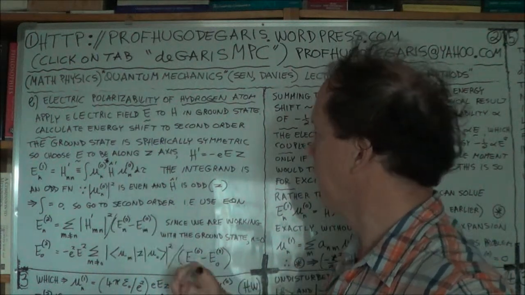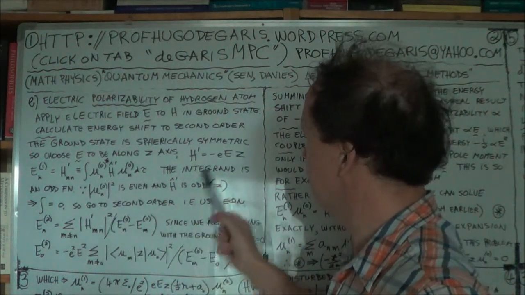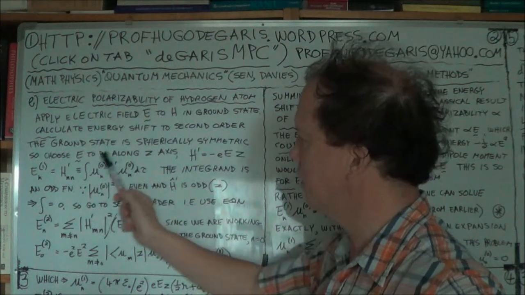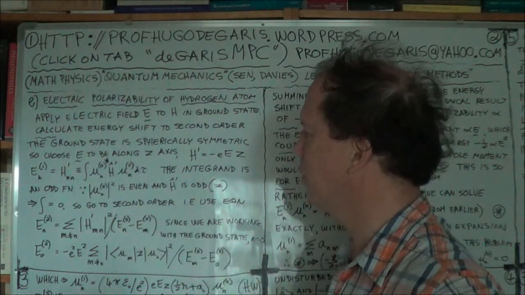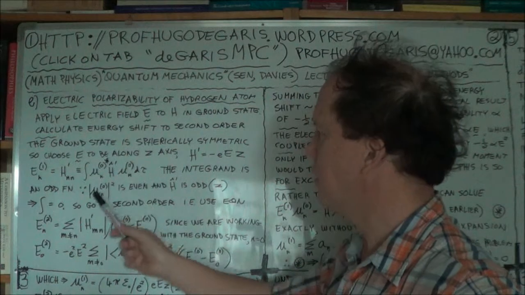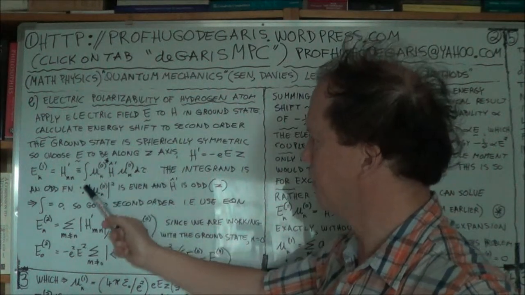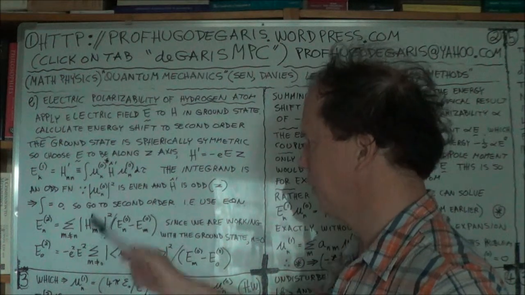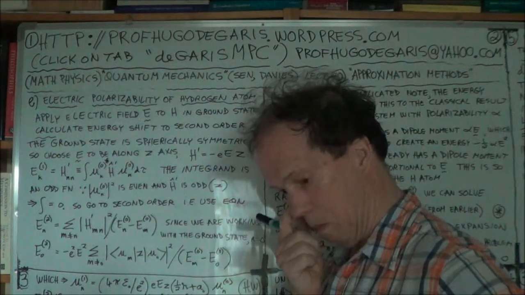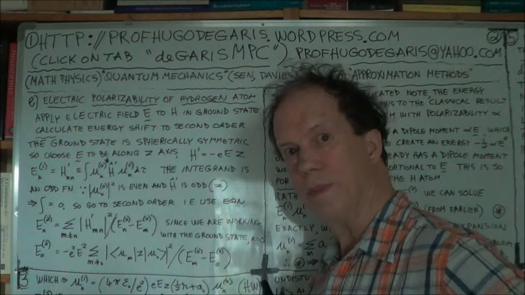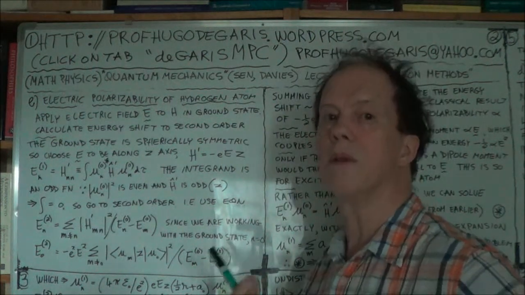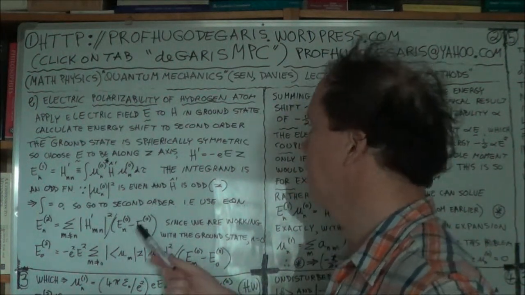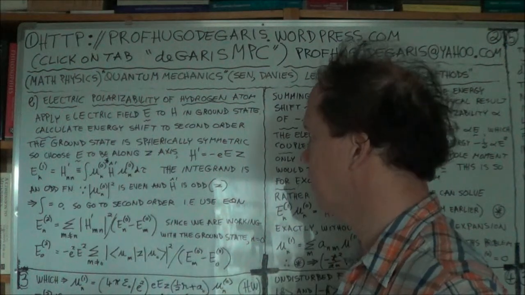And because of the z here, H is an odd function, so this integrand is an odd function, and it's over the whole volume, so that will be 0, because the integrand is odd. Okay, so we need to go to second order.